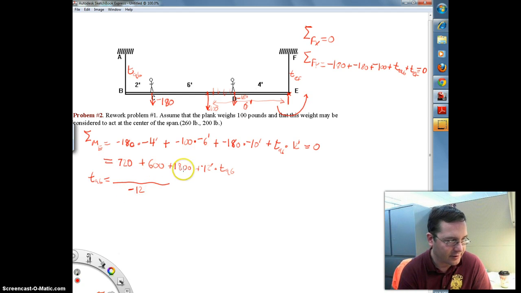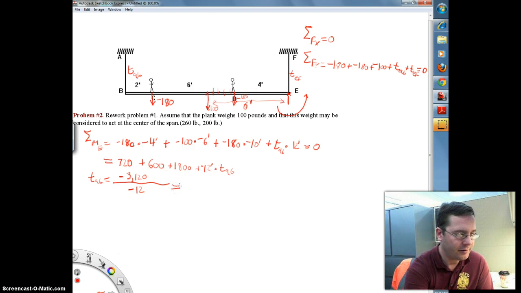Let's see, 600 and 1800, that's 2400, and another 720 is 3120. And again, because I've switched sides of the equal sign, it becomes negative.